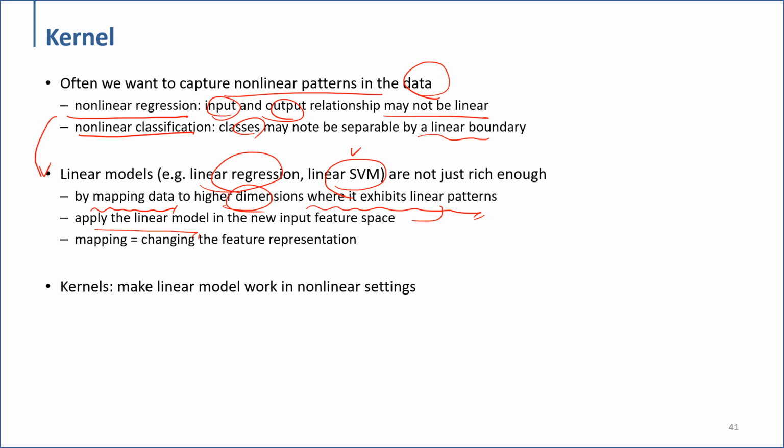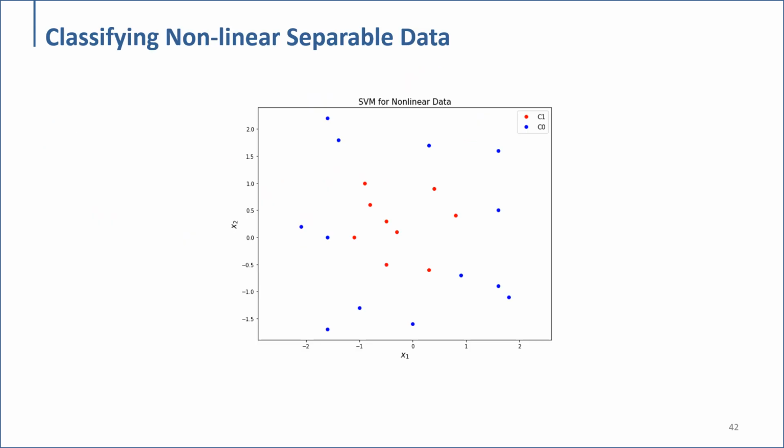So mapping is nothing but changing the feature representation, introducing new terms to make a linear model work in non-linear settings.